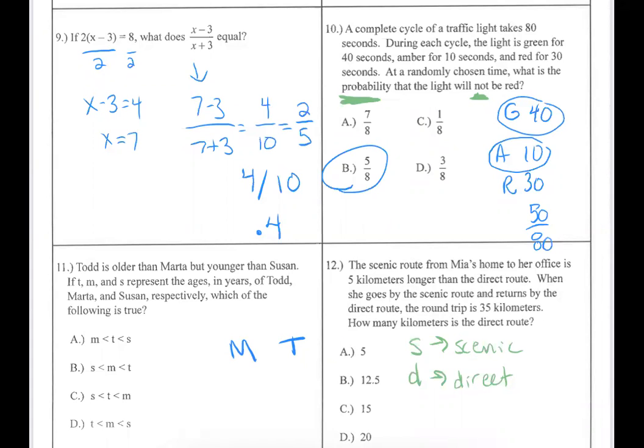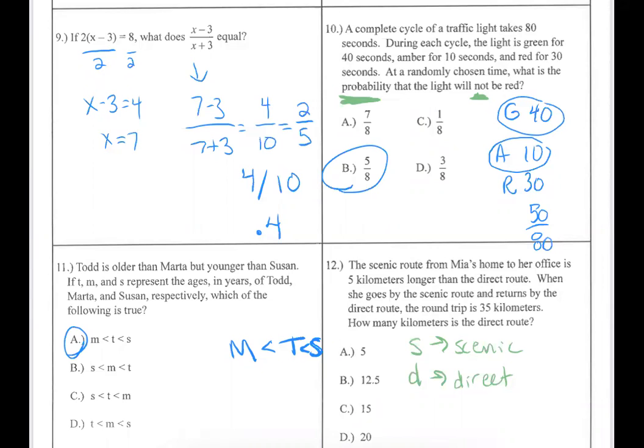But he's younger than Susan, so he's not the oldest. So Susan is the oldest since Todd is younger. So therefore, as our inequality, if we're going from least to greatest, Marta is younger than Todd, but Todd is younger or less than Susan. So that should match answer choice A.